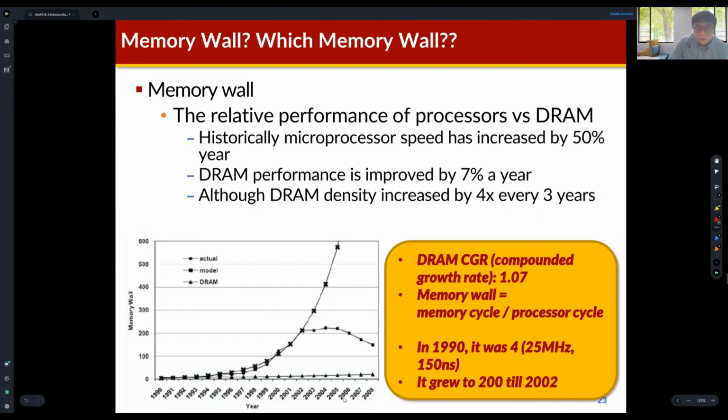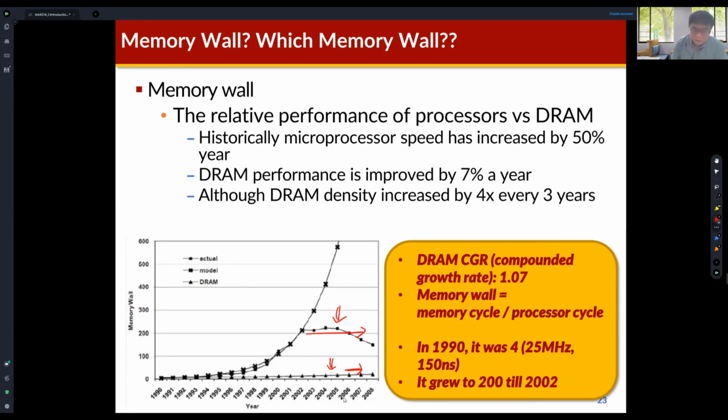Then how about the memory wall? I mentioned the clock frequency of the CPU is saturated, but the memory speed is continuously increasing, because memory was very slow compared to the processor. So we have some more room to increase the clock frequency of memory systems.